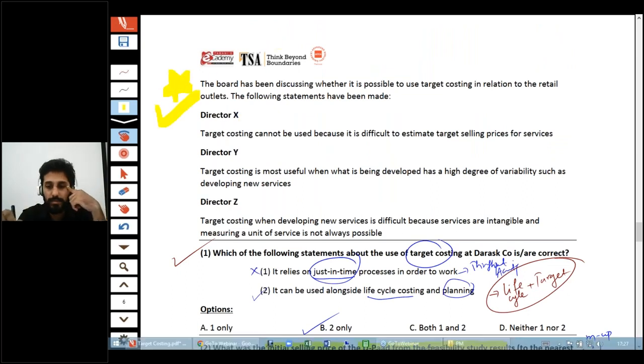Please read these statements of the 3 directors.